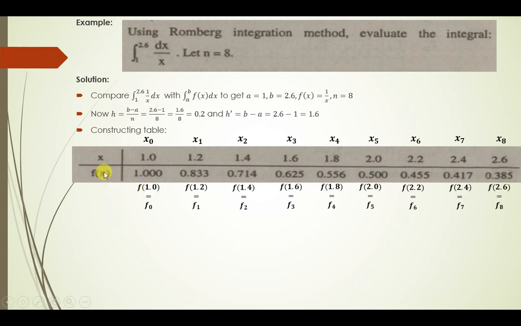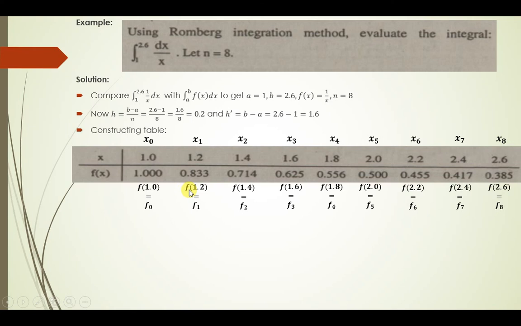Just look here, that is x, so this is f of x, so this is f of 1.0. F of 1.0 is 1.000. This f of 1.0 is actually f naught, f0. Whenever that is x0, that is f0.